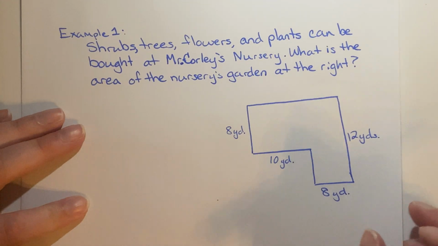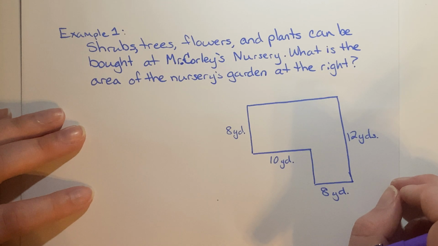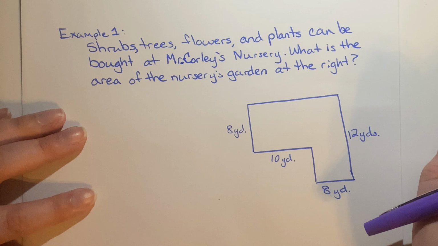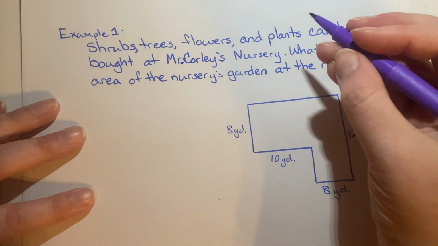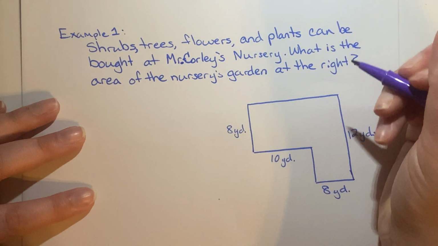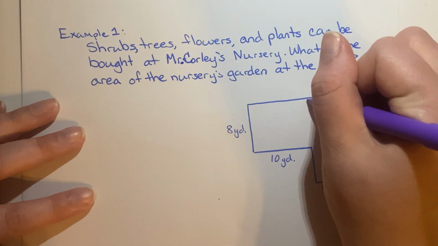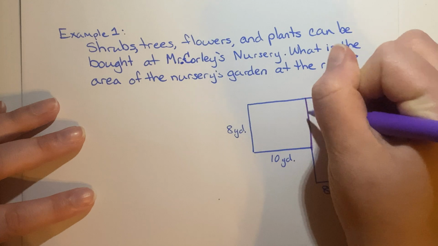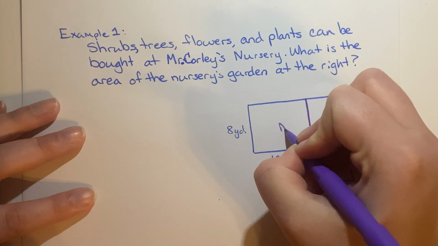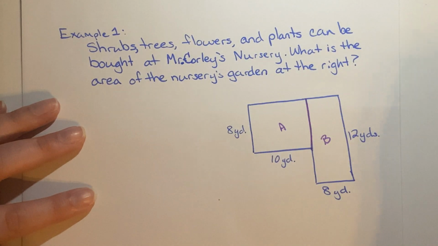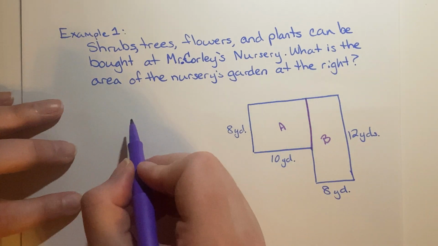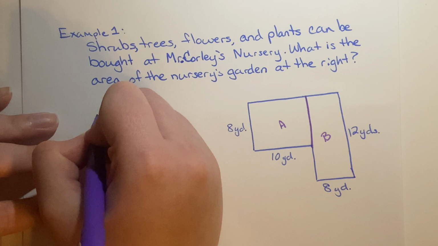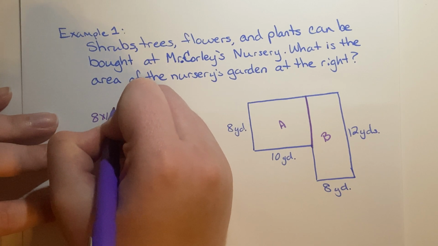Shrubs, trees, flowers, and plants can be bought at McCorley's nursery. What is the area of the nursery's garden at the right? So what I'm going to do is break it apart right here. I'm going to have A and B. Okay, so for my rectangle A, I know it's going to be 8 and 10 that I'm going to multiply.